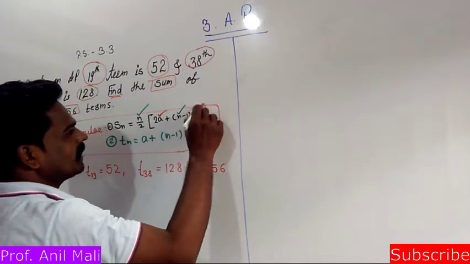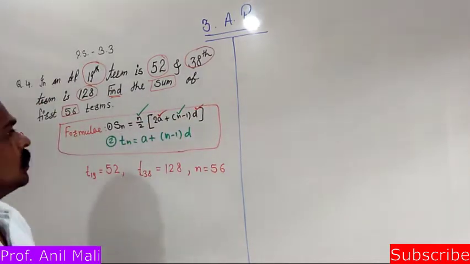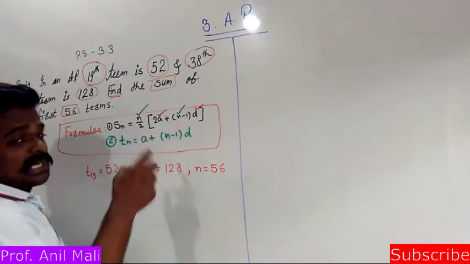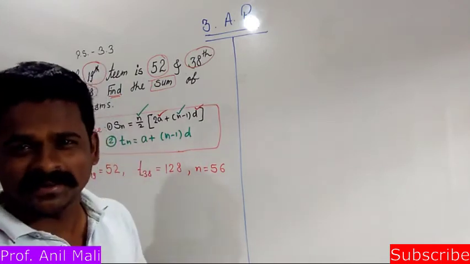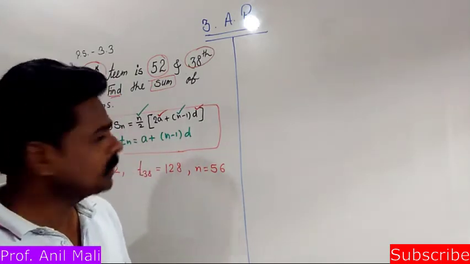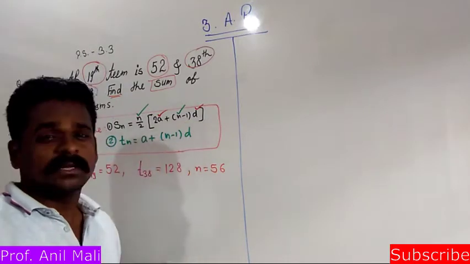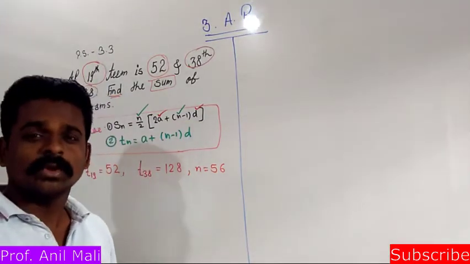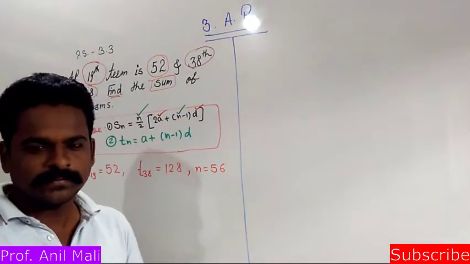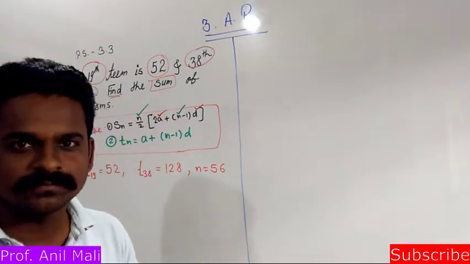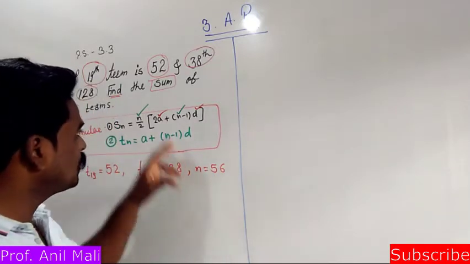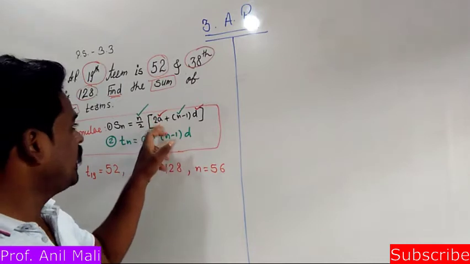The values I have marked in green ink are given to us, and the values I have marked in red ink are the ones we need to find. Those values are a and d.